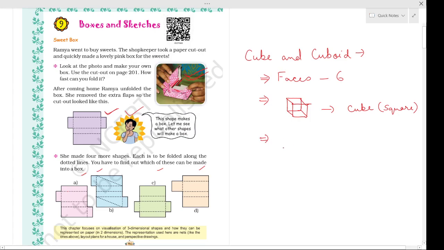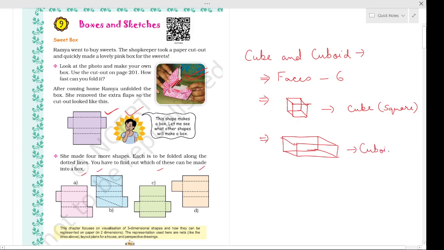Next, when we are talking about a rectangle, here I am using rectangular shapes to make a cuboid. You can see here all the faces of this cuboid are in rectangular shape.